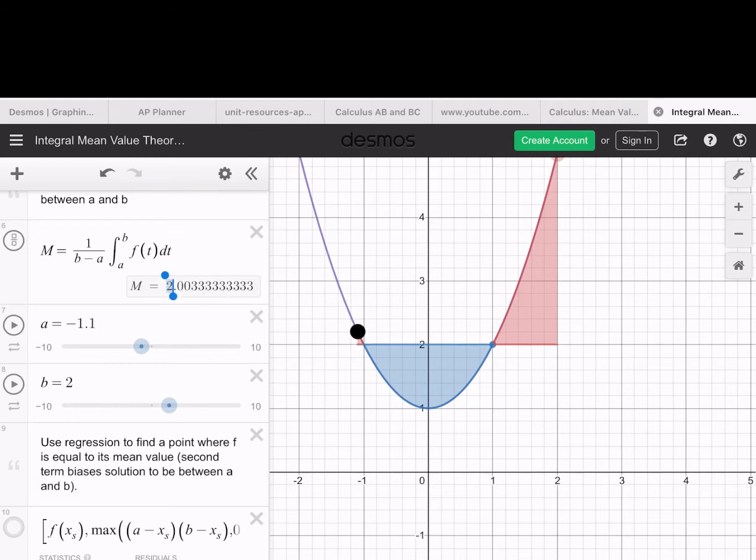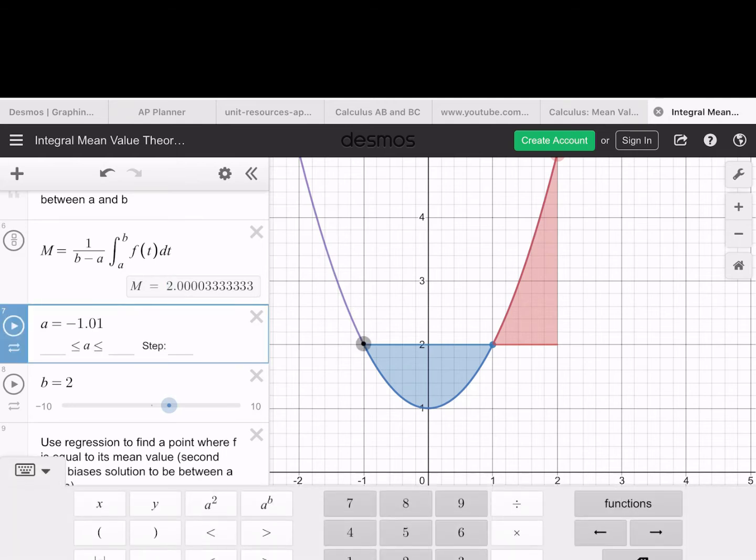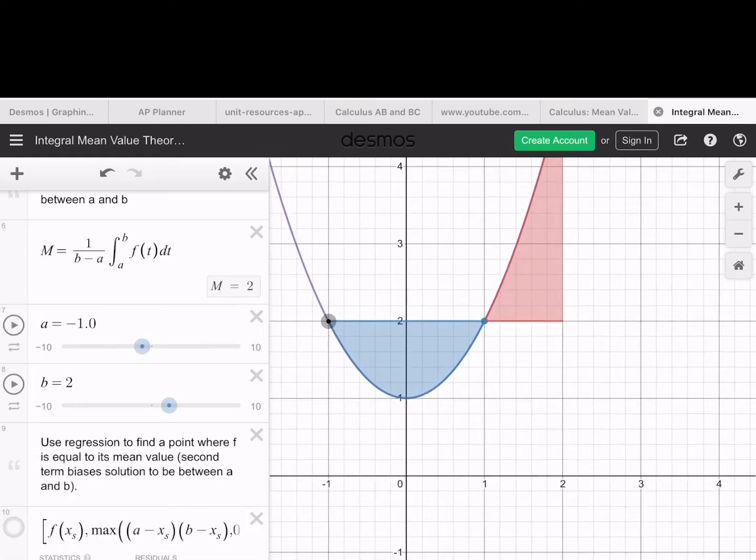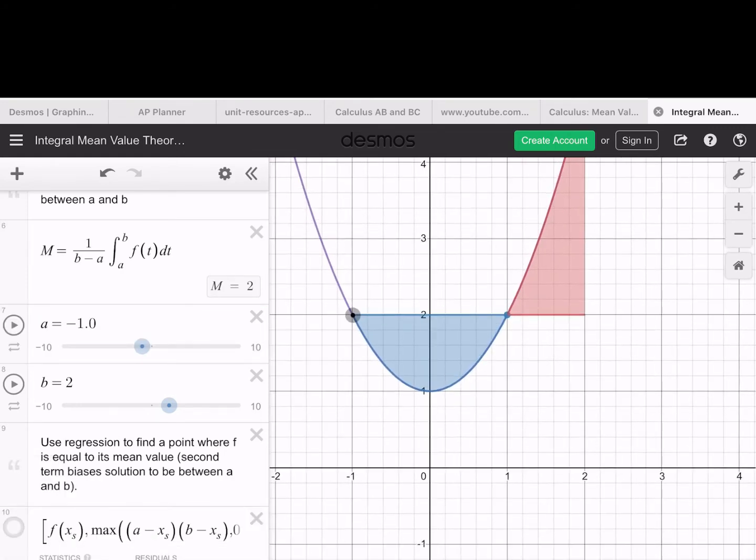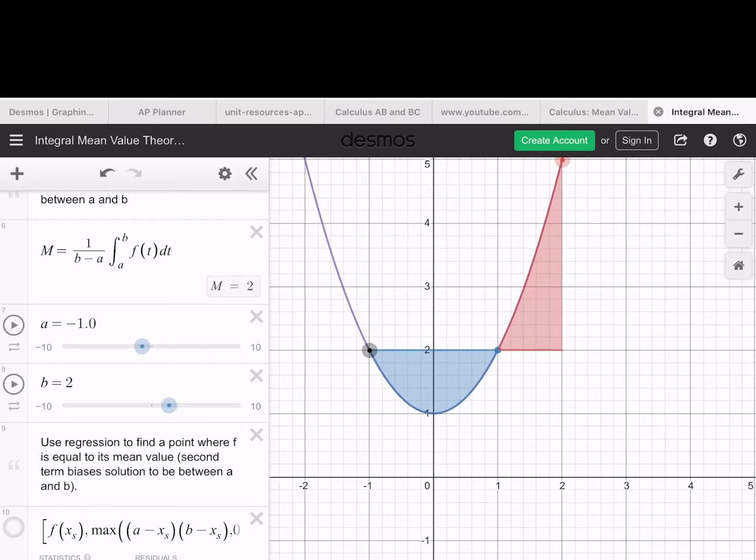It's 2. Oh, I'm changing it by accident. Oops. Didn't mean to move it. My bad. So m value is 2, and the places where that m value occurs, you can see on the graph, are at -1 and 1. So graphically, this is how you will interpret the results.